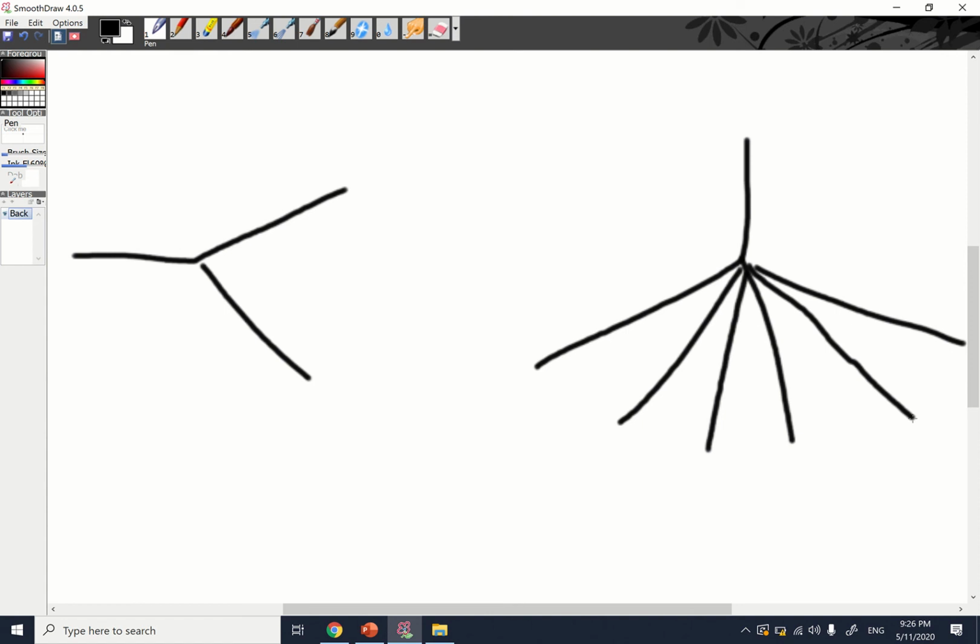So the keyword is diversify into multiple new forms. As you can tell, it's not just one species into two, it's one into five, six, seven, many species. And the cause for that is new niches being made available.